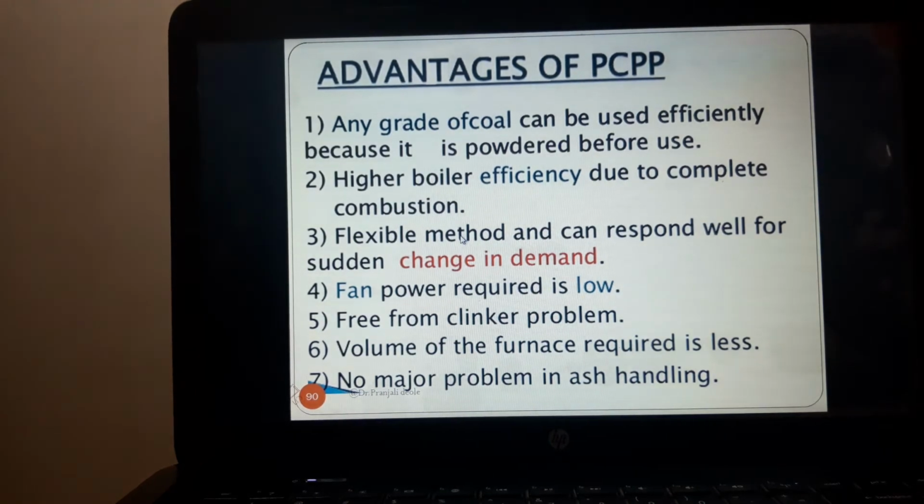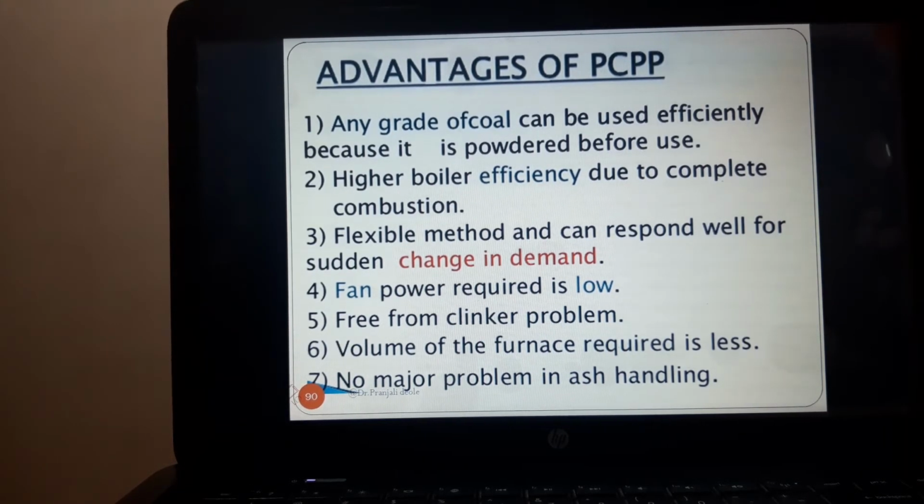Now let's talk about the advantages of a pulverized coal power plant, PCPP. See, in PCPP, any grade of coal can be used because it is powdered before use. Then there is higher boiler efficiency due to complete combustion, a flexible method, and it can respond well to sudden changes in demand.